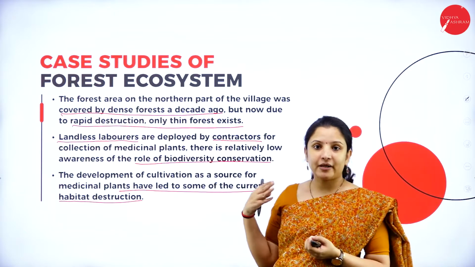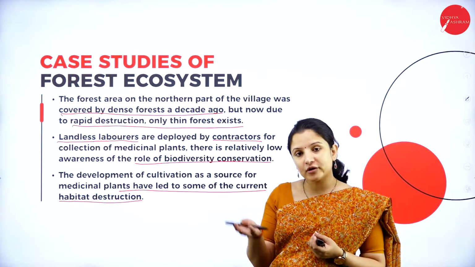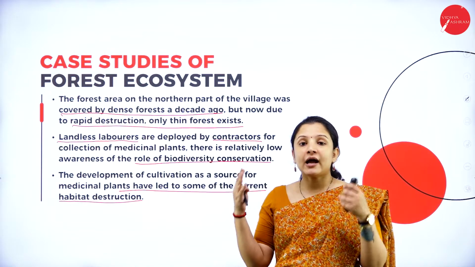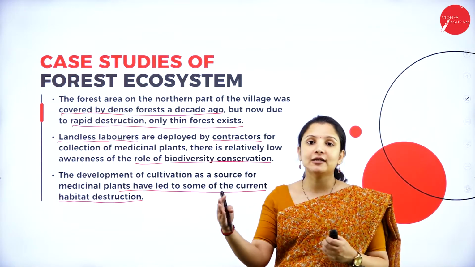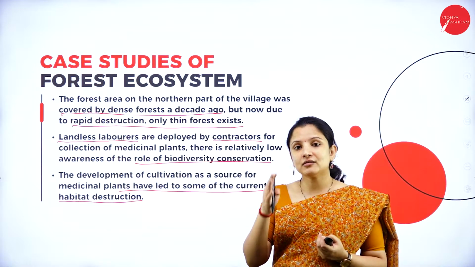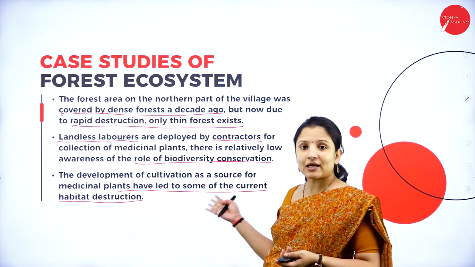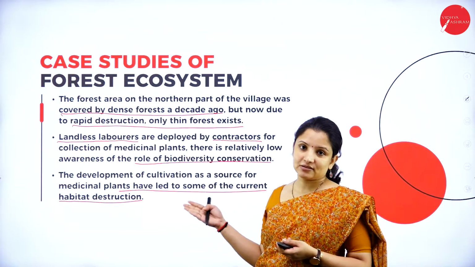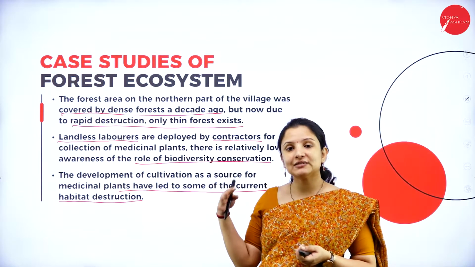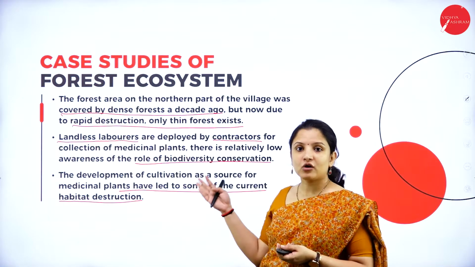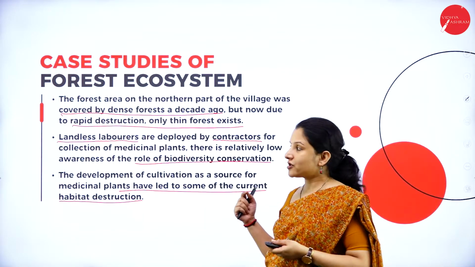They started cutting down and clearing the forest and using that land to completely grow medicinal plants, so that the contractors could get enough money. This led to habitat destruction, because whatever species of trees or plants were living there got destroyed because of the greediness of the contractors.